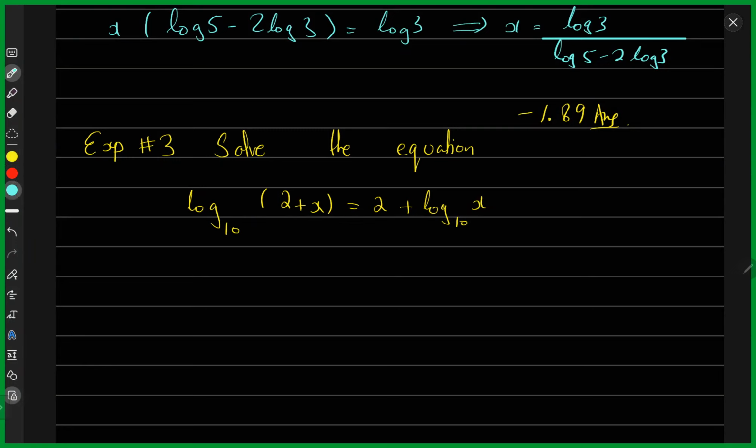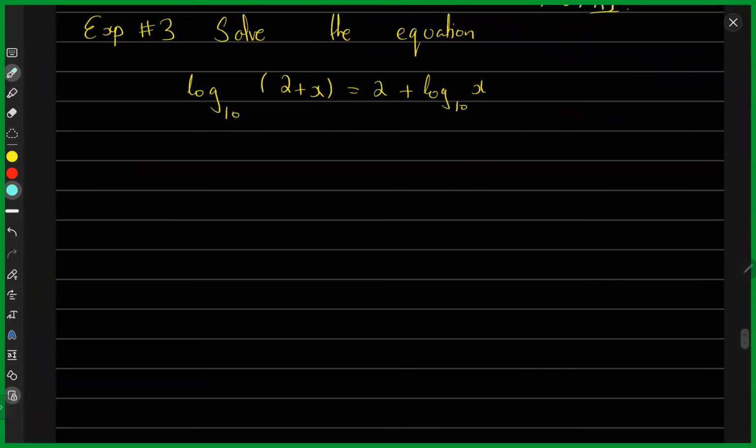Okay. Now, in order to understand this properly, let's see how to do it. Okay. Now you have log everywhere, but we do not have a log with 2. So in order to do this properly, we need to have log with 2.